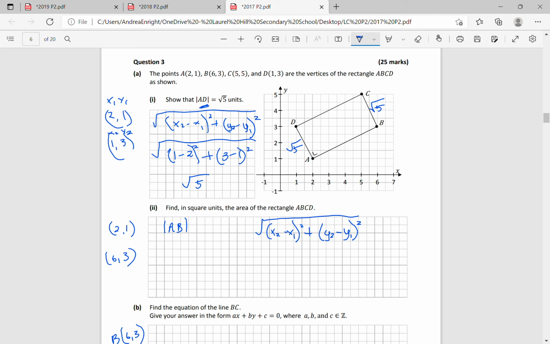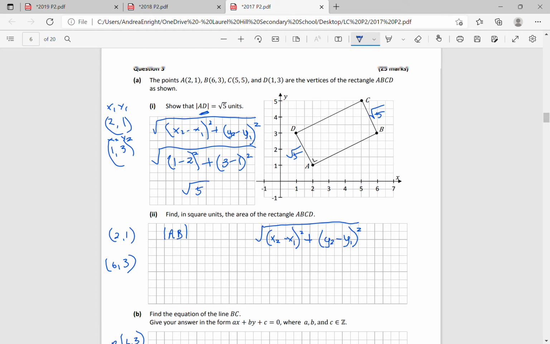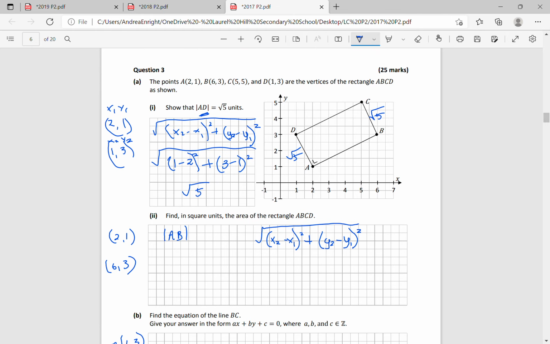Right, okay, find in square units the area of the rectangle ABCD. The area of a rectangle is length by width. So we have the width, we need to get the length. So I'm going to get the length of AB before I start. So here's point A, x1, y1, and point B, x2, y2.